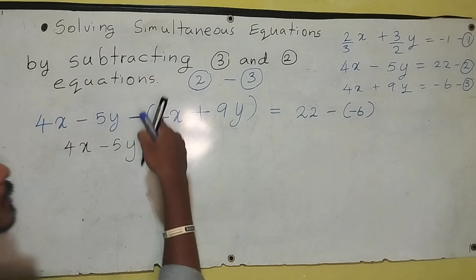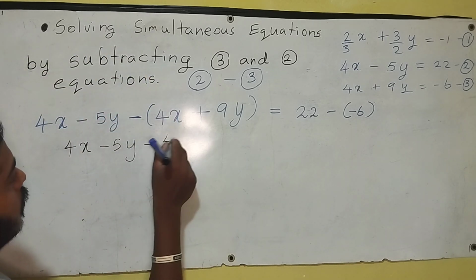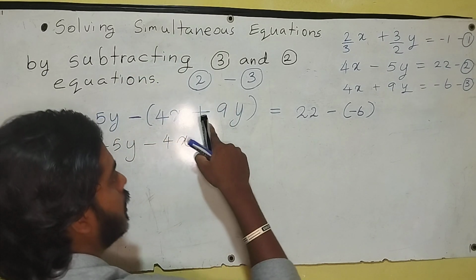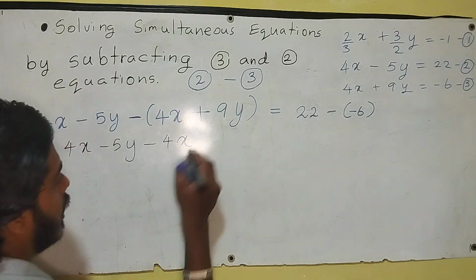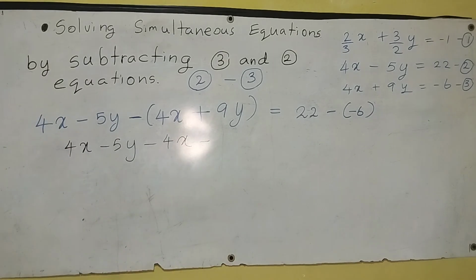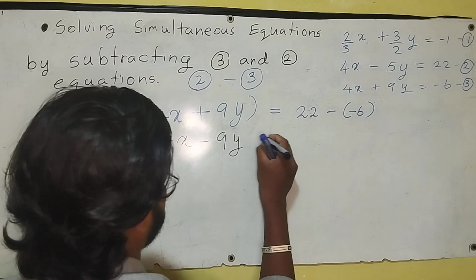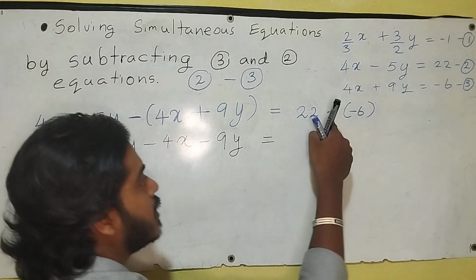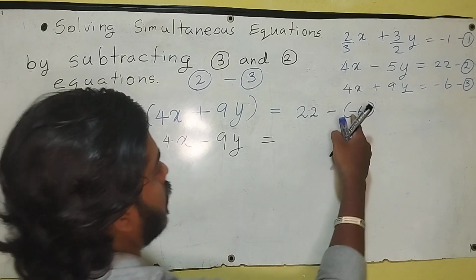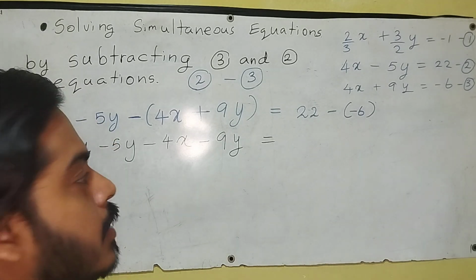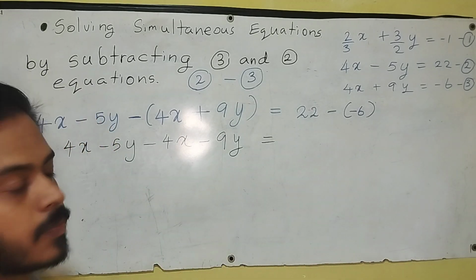Minus multiplied by plus, this 4x; minus multiplied by plus, also this minus 9y. 22 minus minus 6, plus 6. This means multiplication.